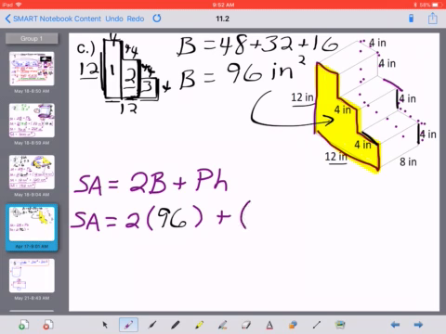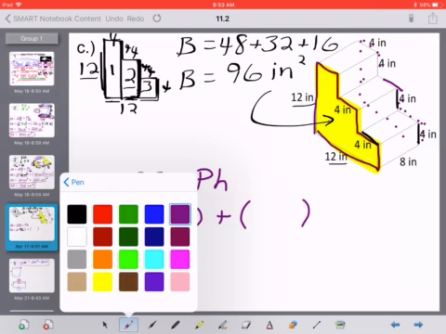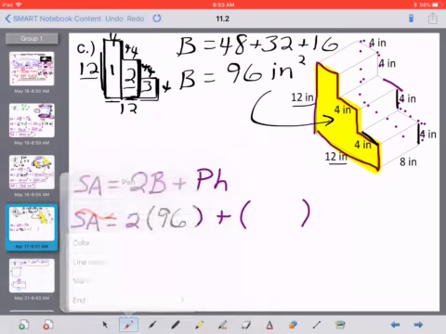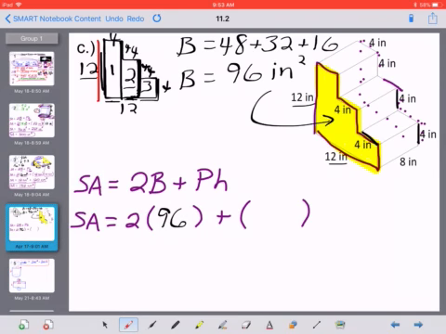Plus, all right, more fun here with that goofy shape. We need to come up with the perimeter of that base. So to do that, we're just going to be adding together the side lengths in that figure. So let's do it as we go along here. We've got a 12 and a 12. We're at 24. Now I think we have a whole bunch of 4s. Let's count them along.